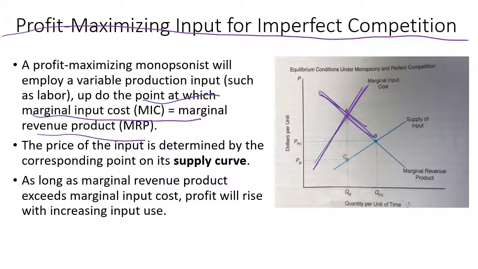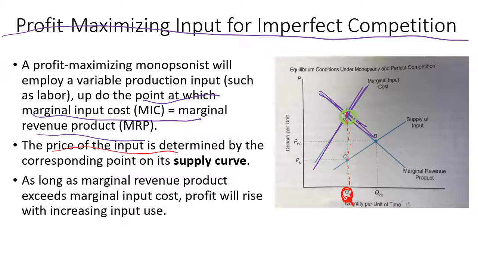So at this point right here is where we are going to figure out what quantity we will be purchasing. This is the amount of input that the buyer will be purchasing.